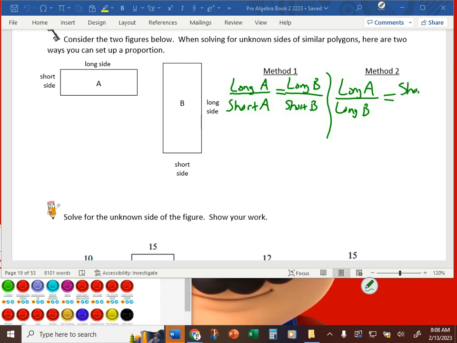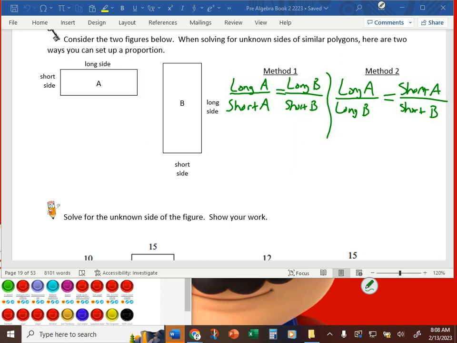Short of A. And the only other thing left here is short of B. Again, notice, none of my like units are lined up diagonally. They're all either vertical or horizontal. As long as you do that, you will be fine.